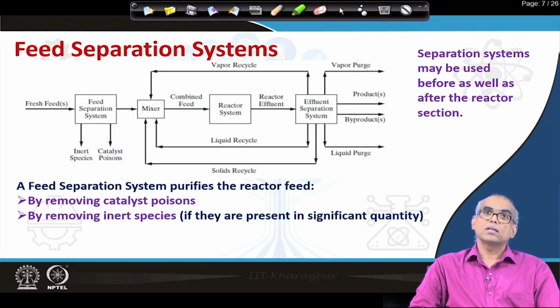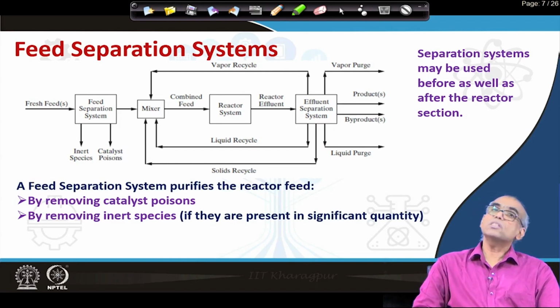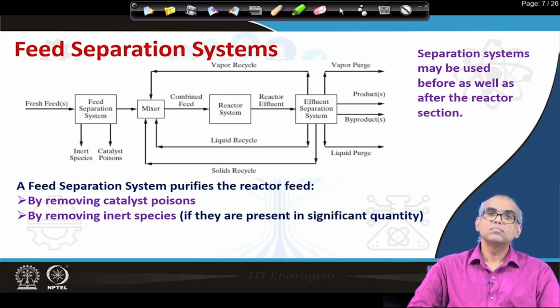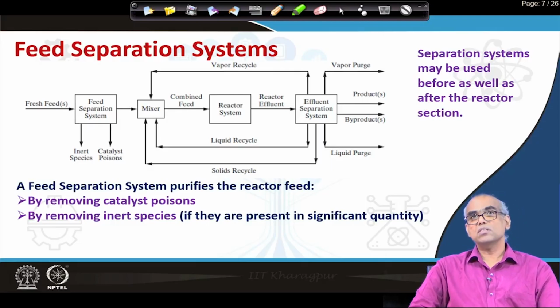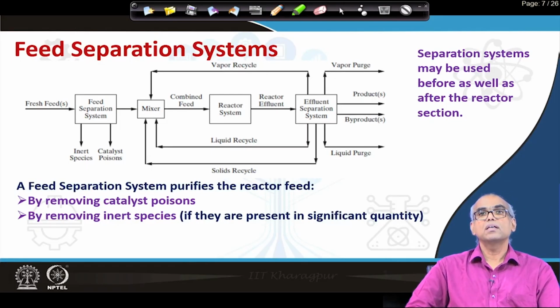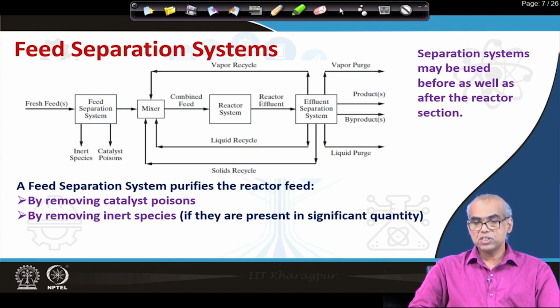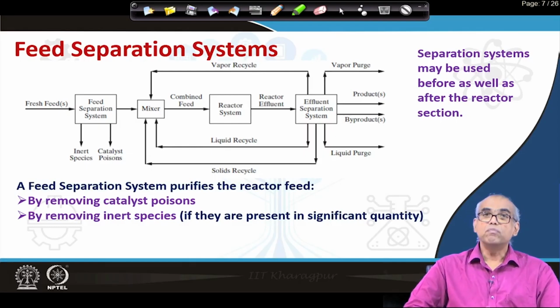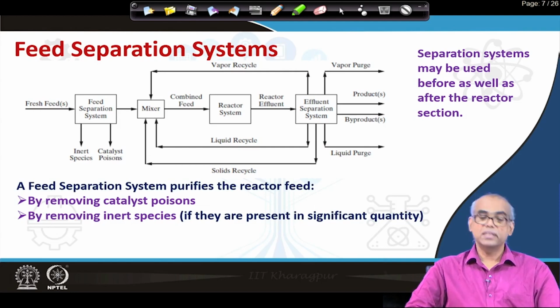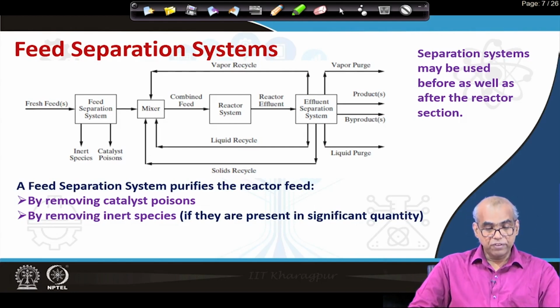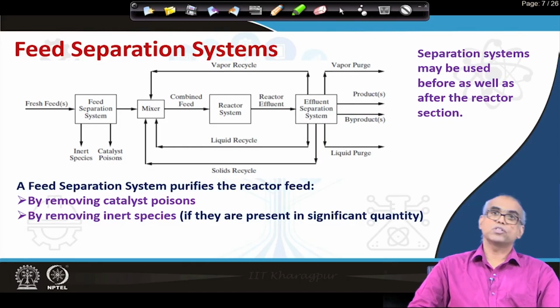You may also require separation systems for the feed stream. In the previous flow sheets, we have seen the separation systems present after the reactor system, but separation systems may be used for the feed stream as well. So, my flow sheet or my process can have separation systems before as well as after the reactor systems. A feed separation system is often necessary to purify the feed stream.